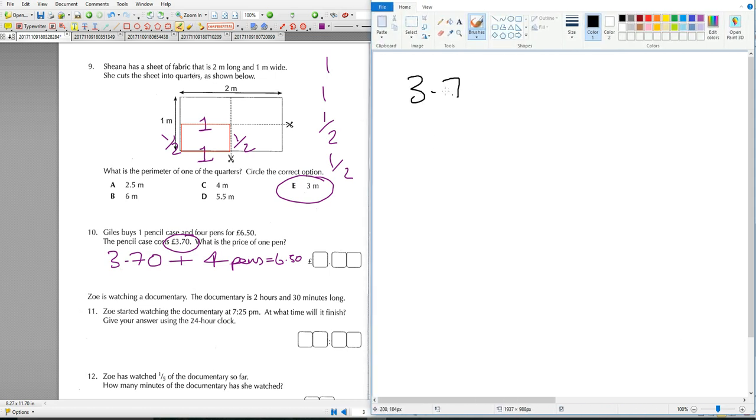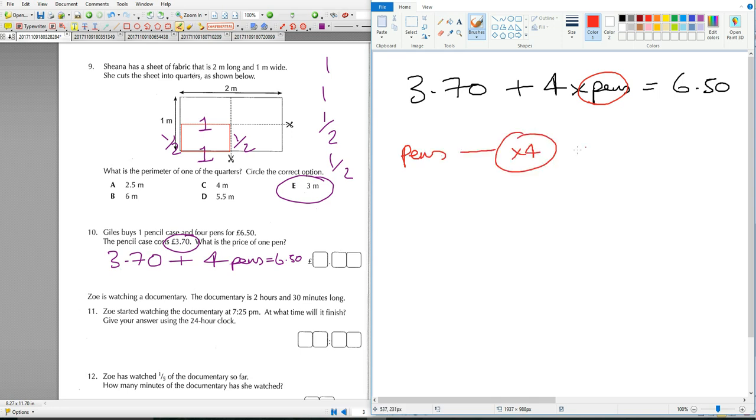So £3.70, add 4 lots of the pens, and the answer is £6.50. Now, as we've done in previous videos, we've been solving algebraic equations, 2-step ones. So now, the pens are being multiplied by 4, and then they're being added to £3.70.